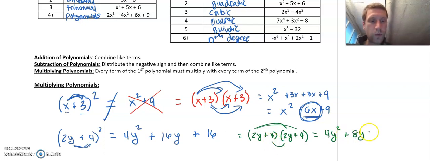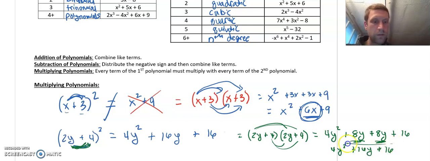Then I have 4 times 2y. Then I have 4 times 4. So you can see that multiplying these two terms together and then doubling it is how I'm getting that middle term. So hopefully that makes sense once you see it. So that shortcut works.